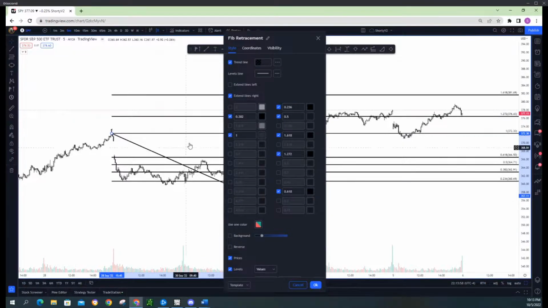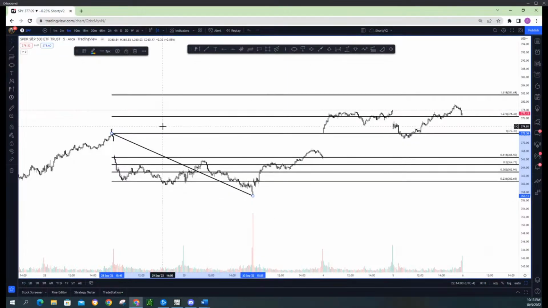And you know how many people are scared of fibs to even look at them? The reason they're fibs is because they're numbers that are commonly repeated within trading. You see them so often that it's become a recognized pattern. Real traders use it, so it's something to pay attention to. Exactly.